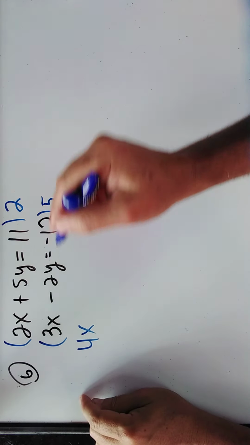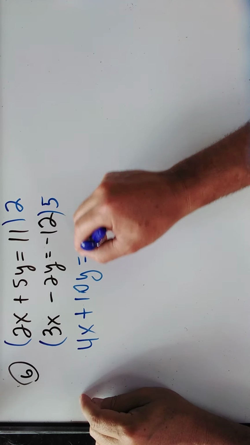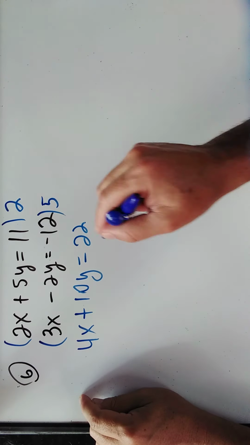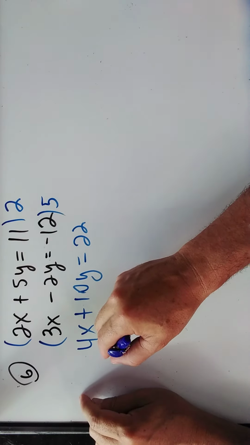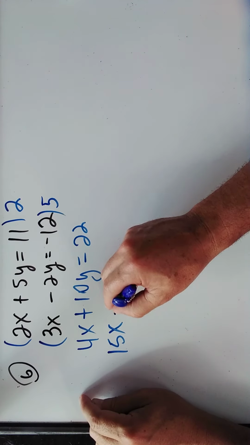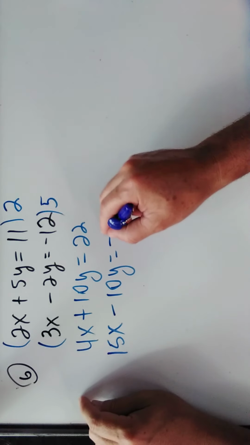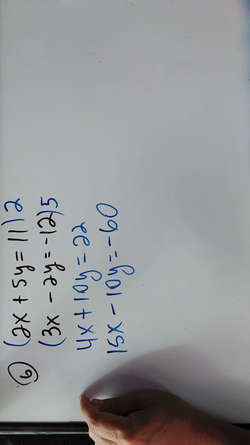I'm gonna multiply the top by 2, so I'm gonna have 4x plus 10y equals 22, and the bottom one by 5, so you get 15x minus 10y equals negative 60.